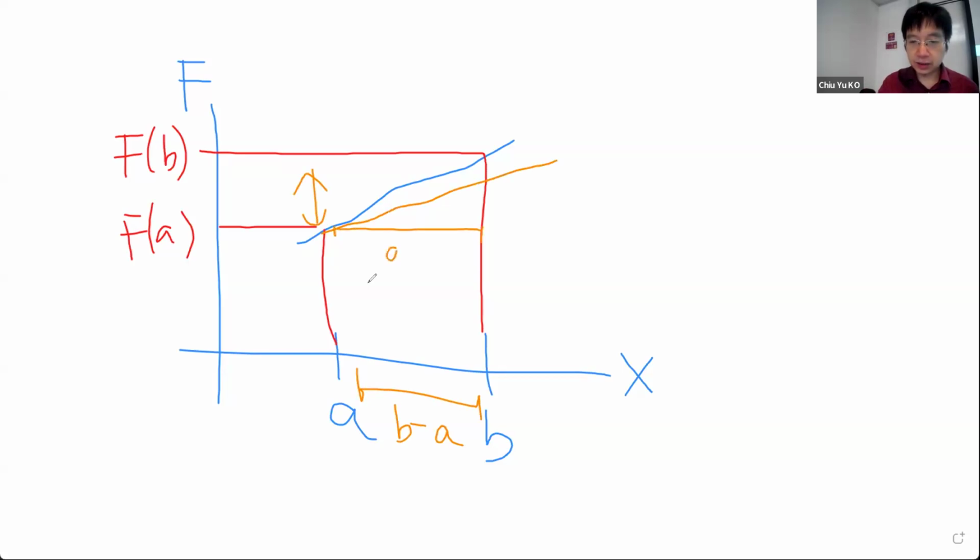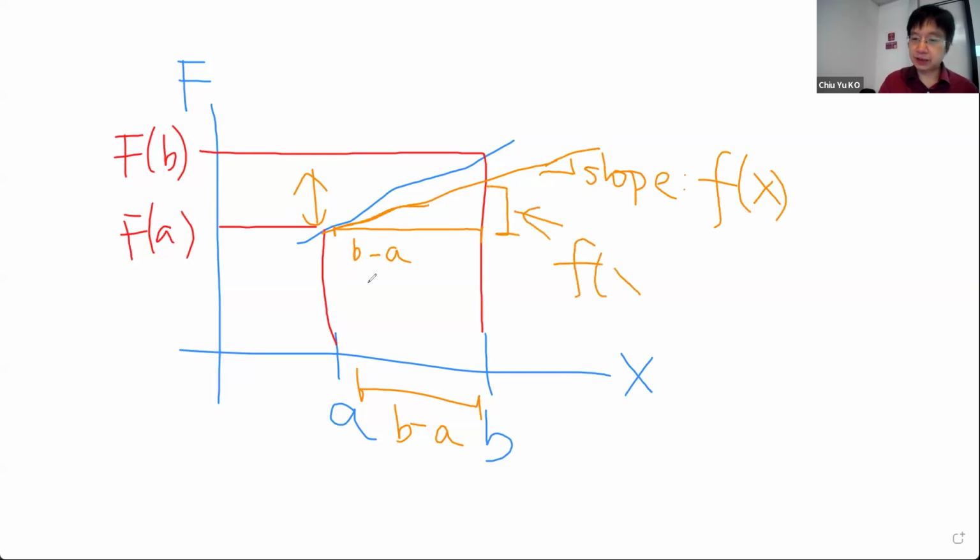If this is A, and B minus A, and I try to draw a line, the slope is f of, say, some number x between A and B. And this height will be f of x times B minus A, where x is somewhere between A and B. Why is this true?